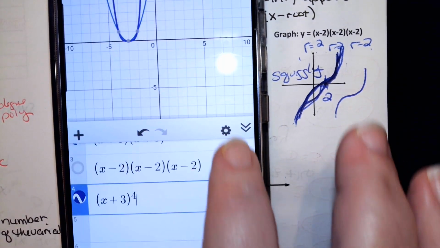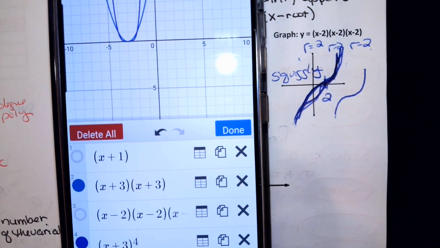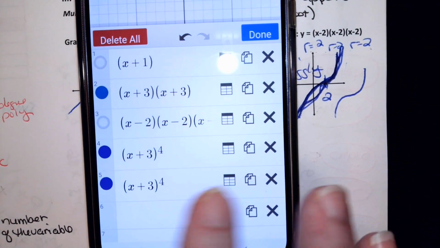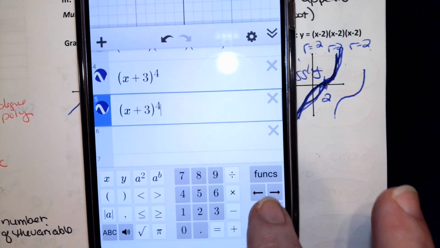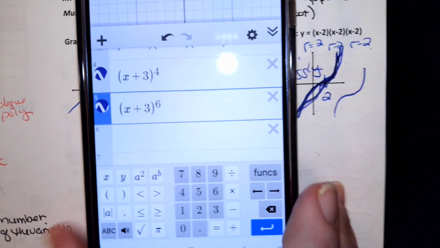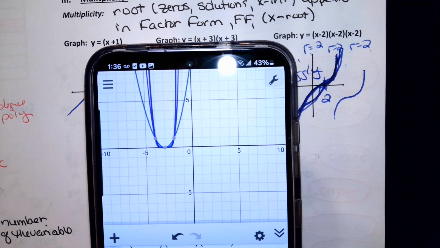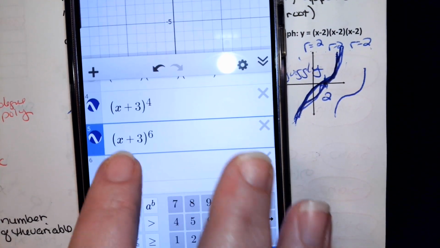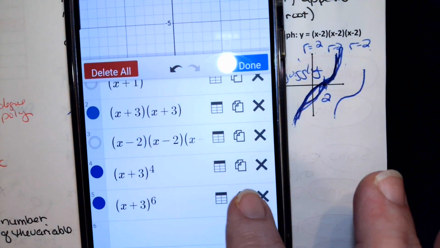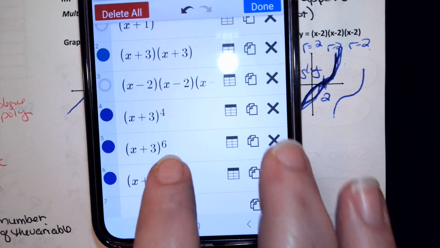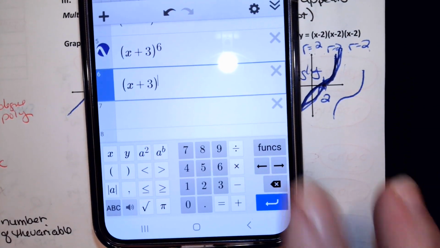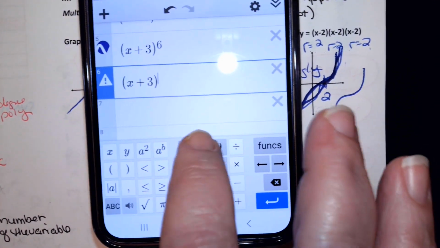I want to copy that. And if I change that to the 6th power, notice it's still a parabola. If I change that to the 8th power, and you're probably starting to see that I'm only using even numbers here.